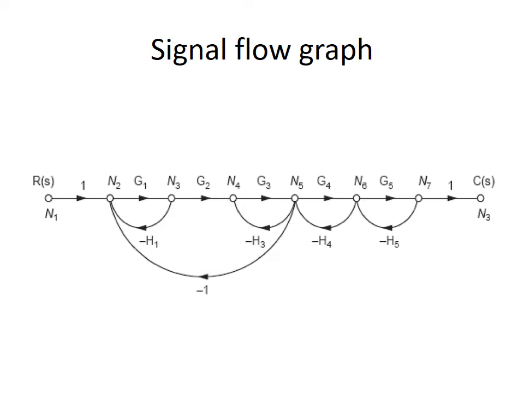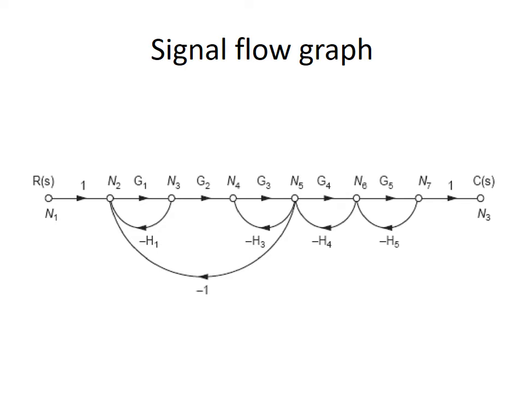And here G1 is a forward path gain, since the direction of the arrow is marked from input to output. That is why I say it is a forward path gain. And H1 is a feedback path gain, since the direction of the arrow indicates output to input.